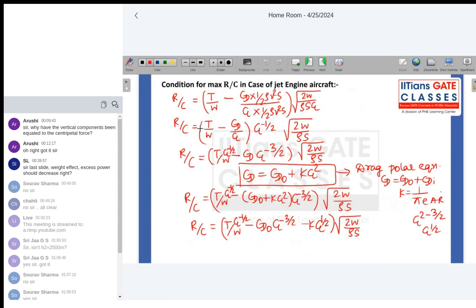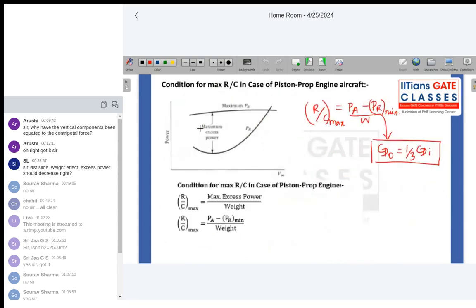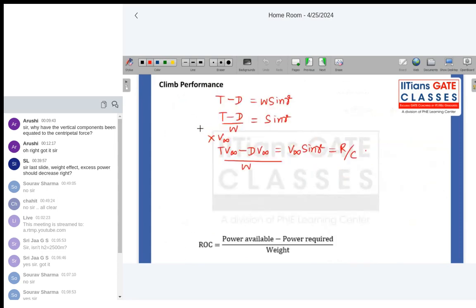Usually they write thrust equal to drag, and that is a mistake. Here, thrust required is nothing but drag plus the weight sine component. In unaccelerated level flight you should have this much thrust, but during climb, the thrust is not exactly equal to drag.